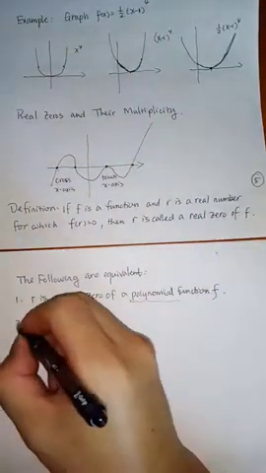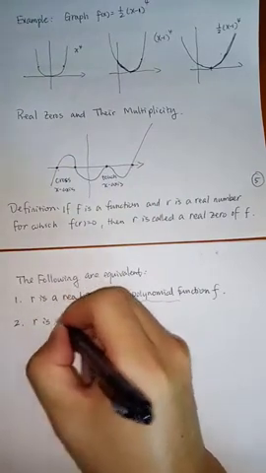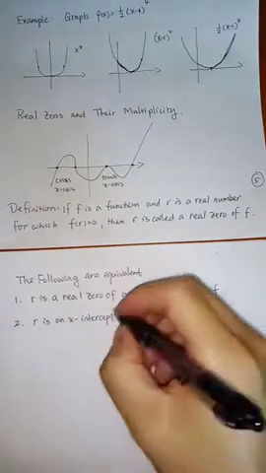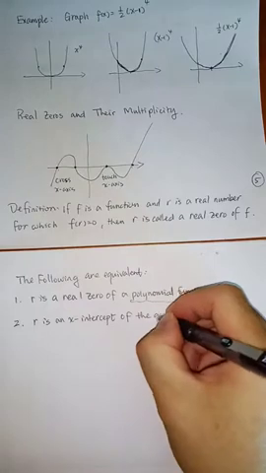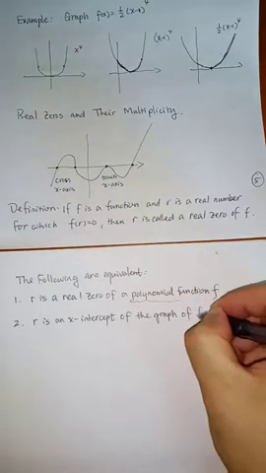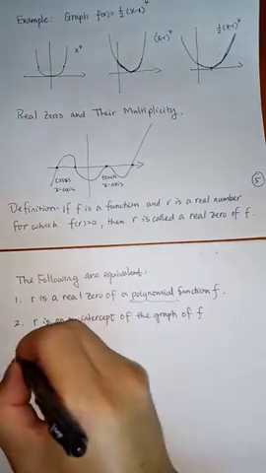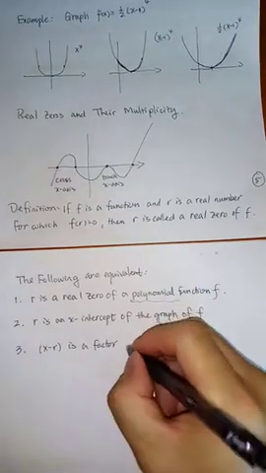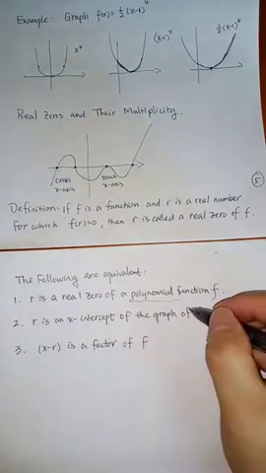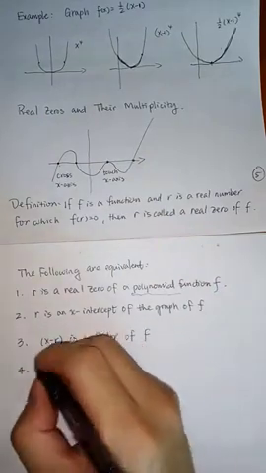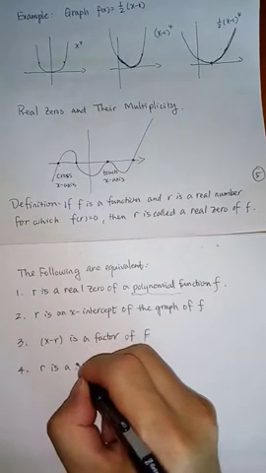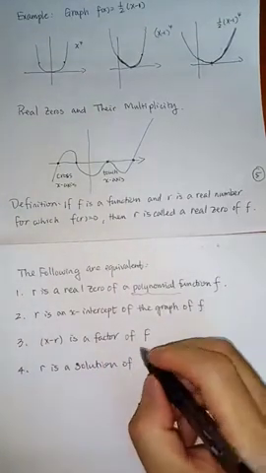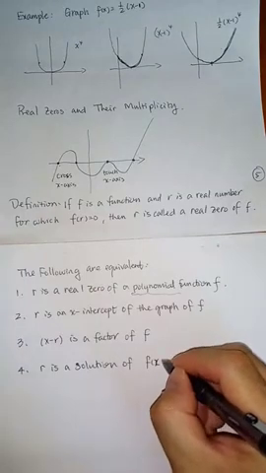2. r is an x-intercept of the graph of f. 3. x minus r is a factor of f. 4. r is a solution of f(x) equal to 0.